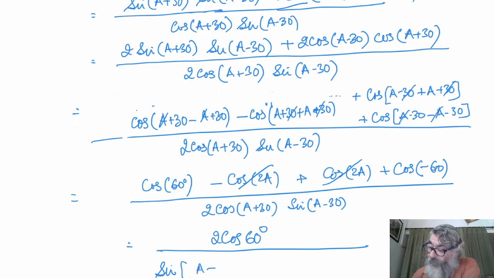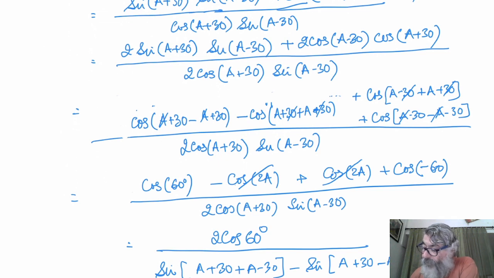Sin of a plus 30 plus a minus 30, minus sin of a plus 30 minus a plus 30. So 30 will cancel here, minus a will cancel.